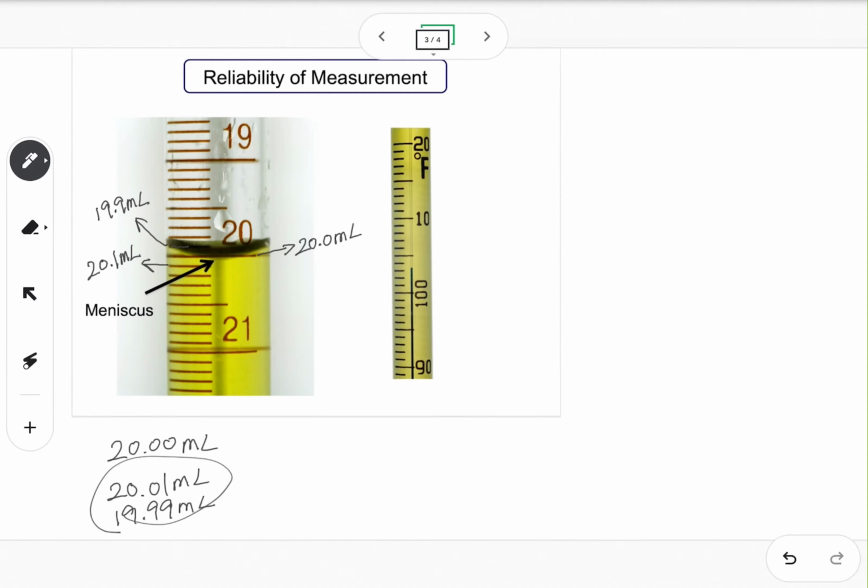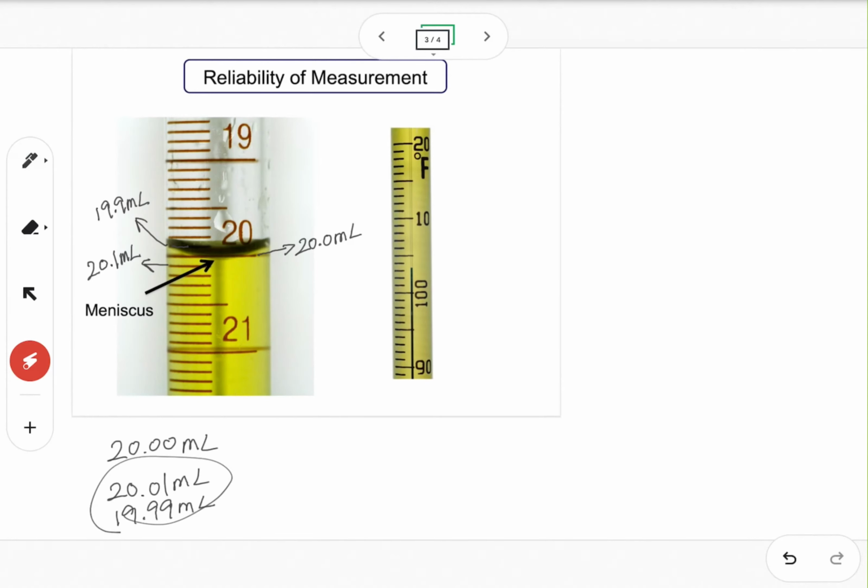Now, let's take a look at the second example. It's about the thermometer. It tells us the temperature in degrees Fahrenheit. Again, we follow the same guideline. Between 100 and this one, which would actually be 110, there are 9 smaller markings.